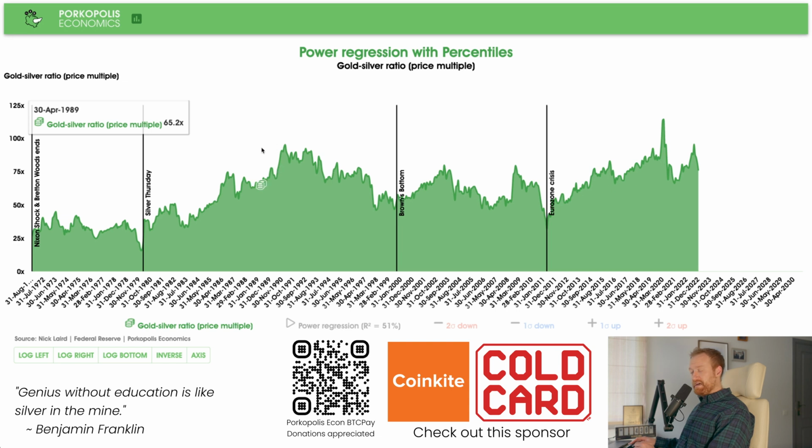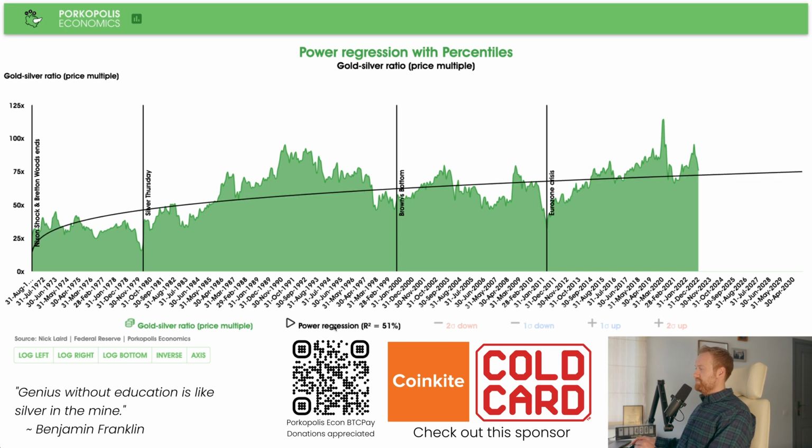Well, let's draw a trend line. As we've been doing with the gold price over dollars, as we've been doing with the silver price over dollars, let's draw the trend line. That's what we're going to do right here. Power regression, 51% R squared. Now, it's not a great R squared, as we found with the silver price. Gold price had a much better R squared of 75%.